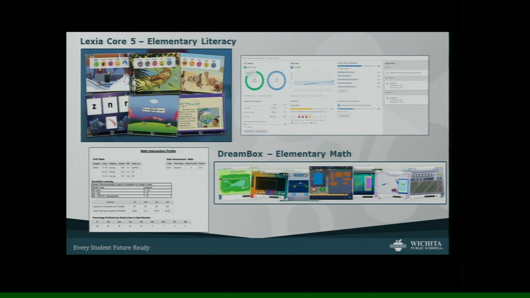This means both of these curricular programs assess the instructional level of our students, and then it individualizes the lessons so each student can work at their individual level on the skills and standards that have been identified for them. Teachers then have access to the immediate data to monitor how our students are progressing to master those individual skills.